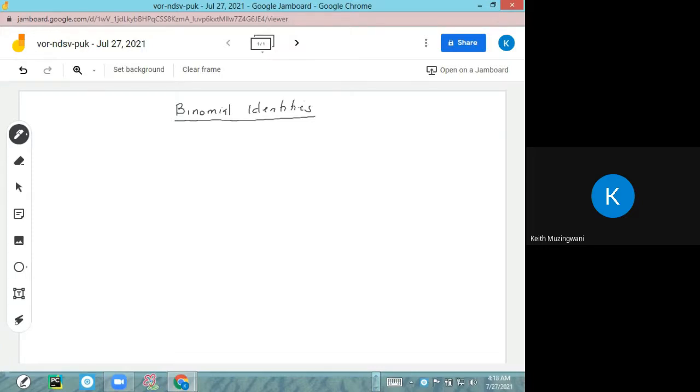We already described or defined this as n factorial over r factorial times n minus r factorial.